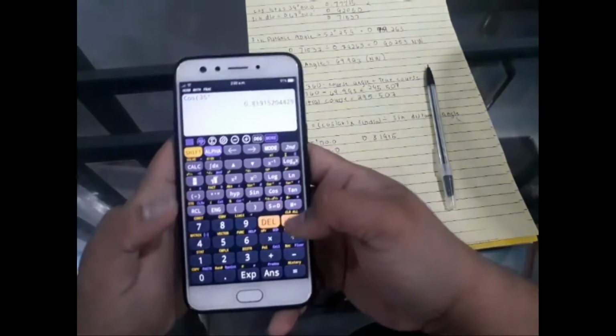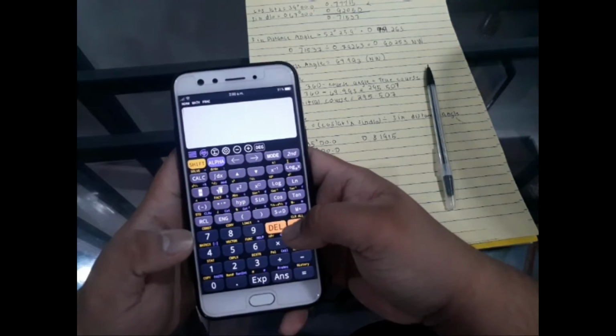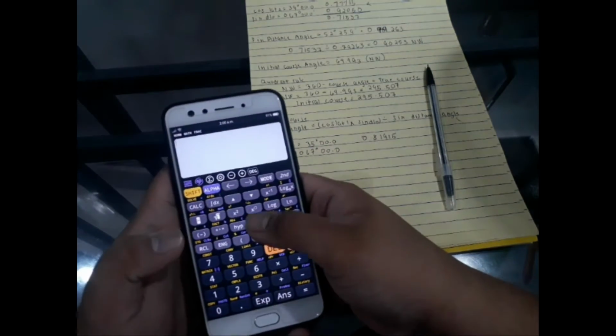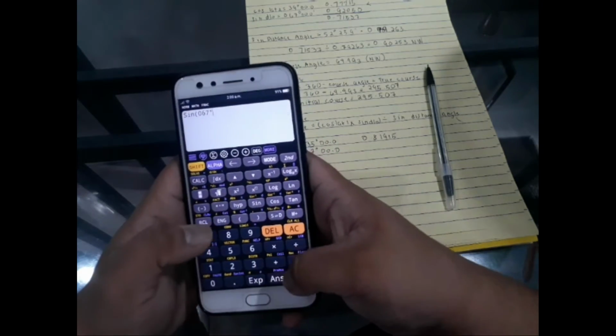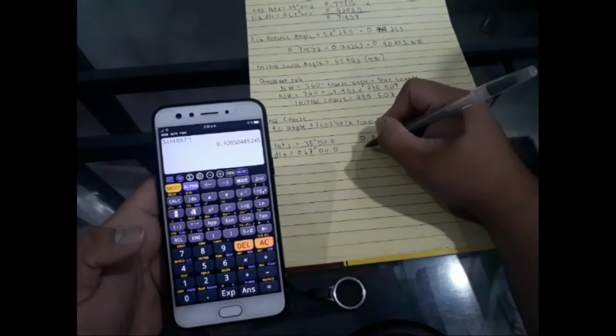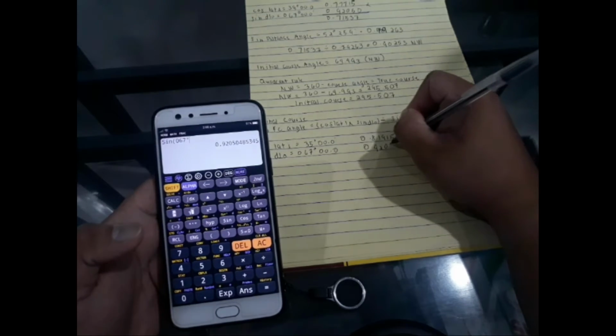First we're gonna press the sin and 67 degrees, so our sin dlo is 0.92050.